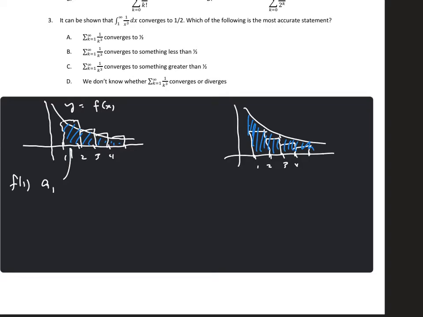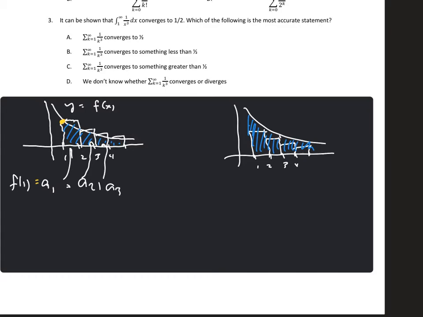That gives us the height above 1, which I'll mark in yellow. We have set the function up so that f of 1 is a1, and f of 2 is a2, and so on. So the first rectangle area is a1, the second rectangle area is a2, and so on.